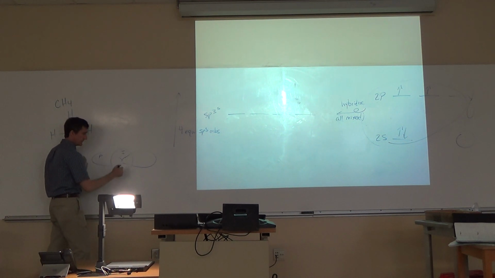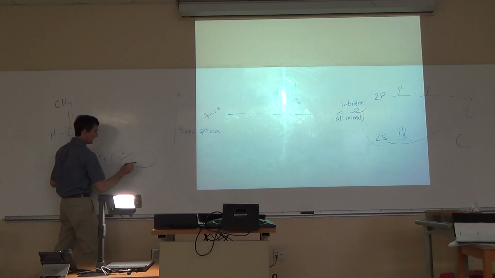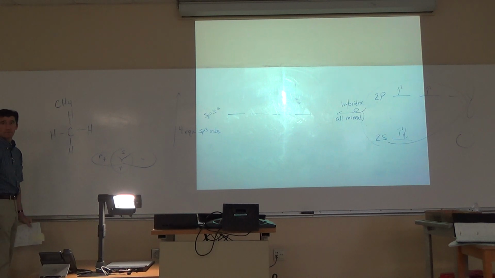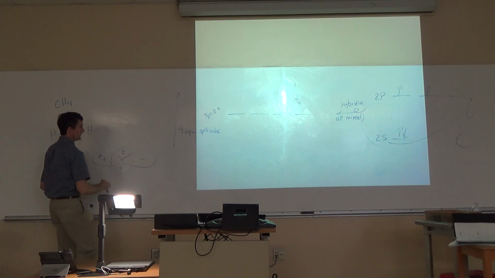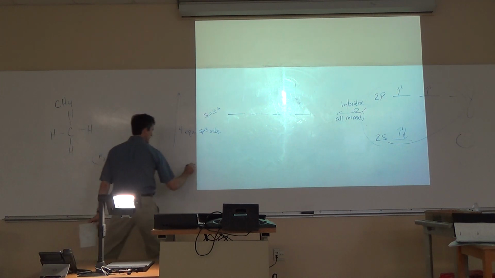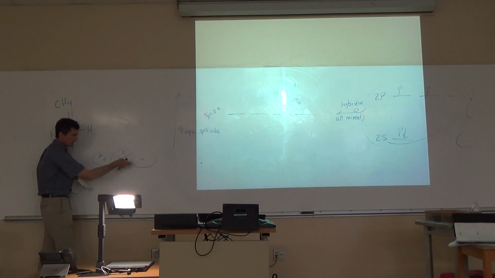Now the S has a certain phase, and the P orbital has a certain phase, all right? And it's opposite for each lobe. If you mix these, here's the nucleus in the middle, plus all here, plus here. This plus on plus reinforces each other.